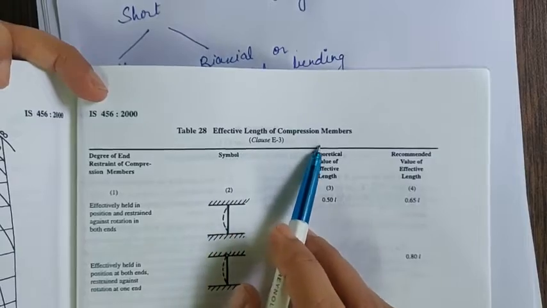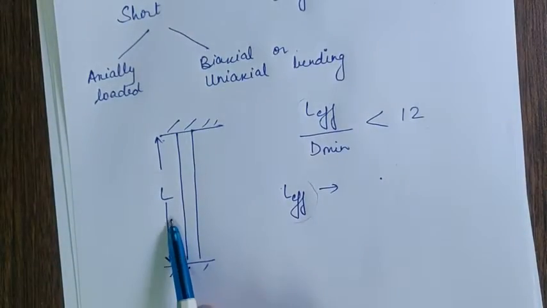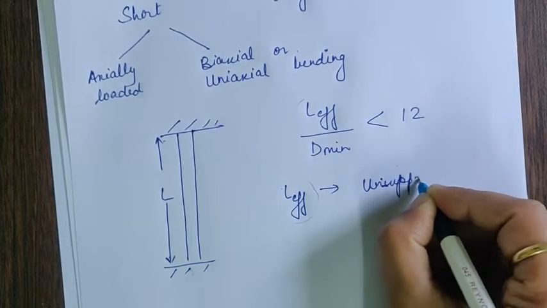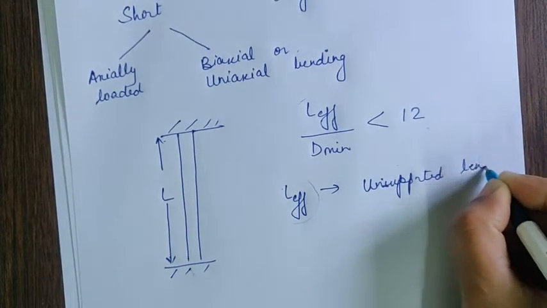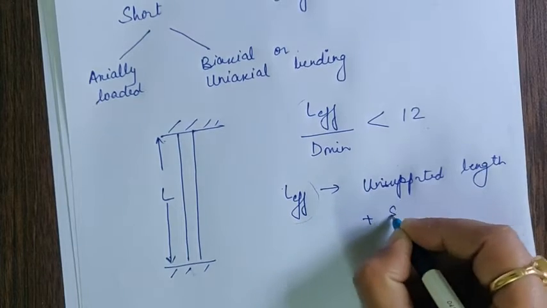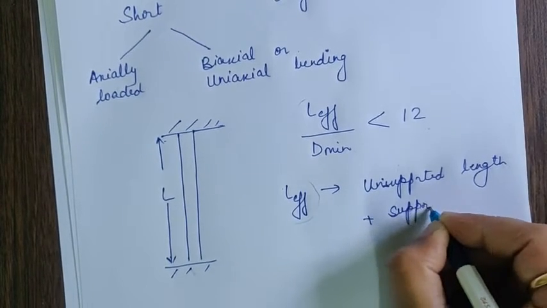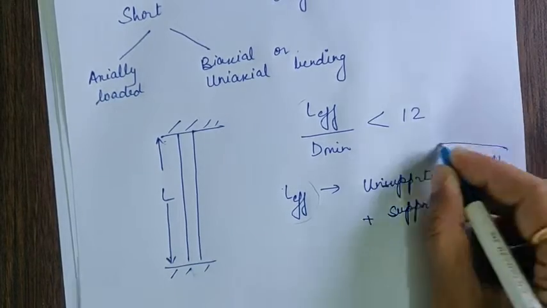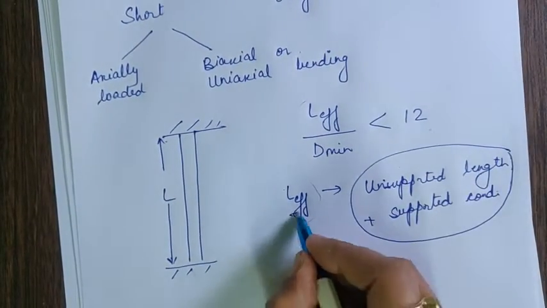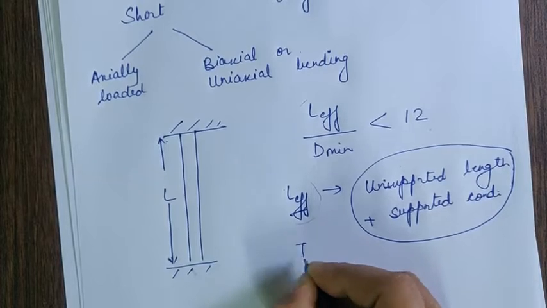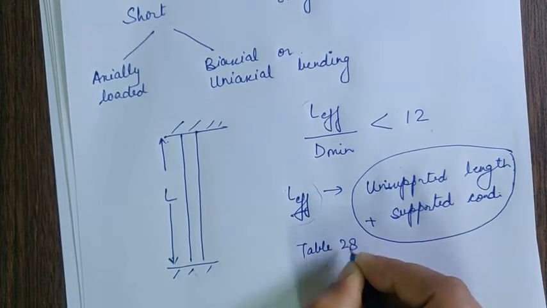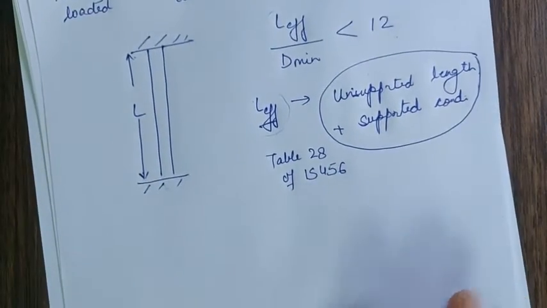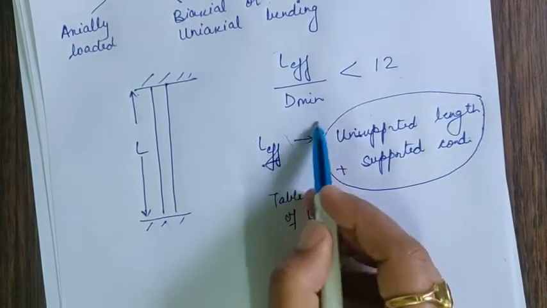It is effective length. So when the unsupported length is given and the support conditions are given, that whether it is fixed or whether it is hinged, then this particular thing, L effective, can be obtained by using table 28 of IS 456. Is it okay?